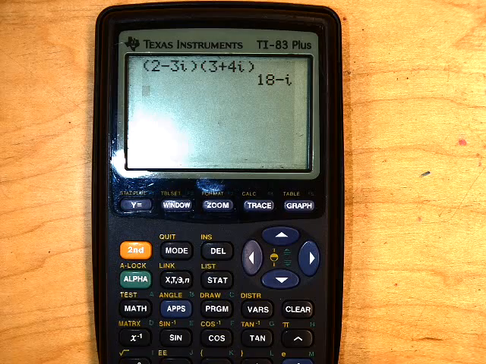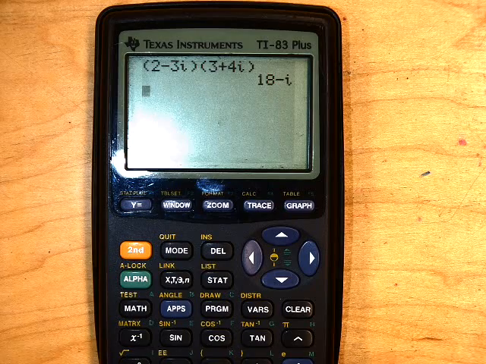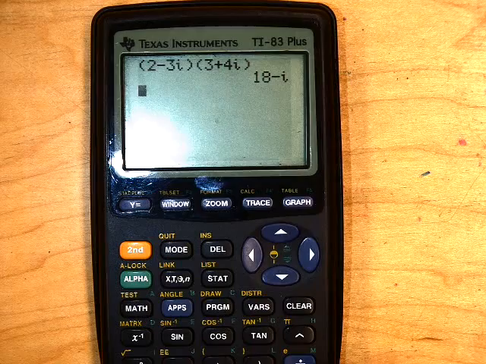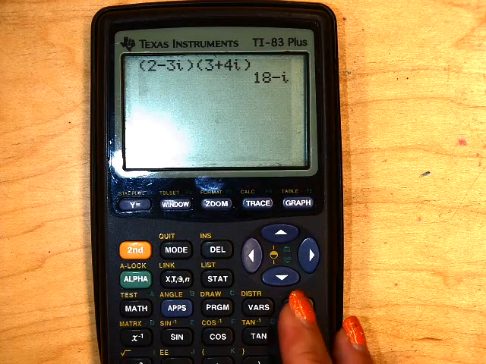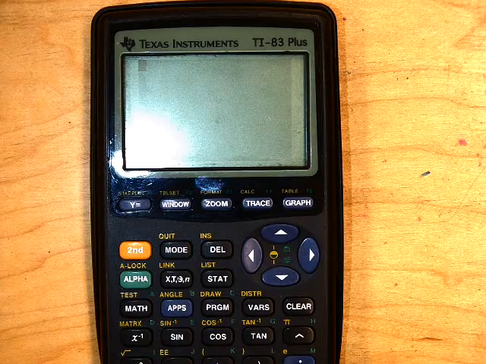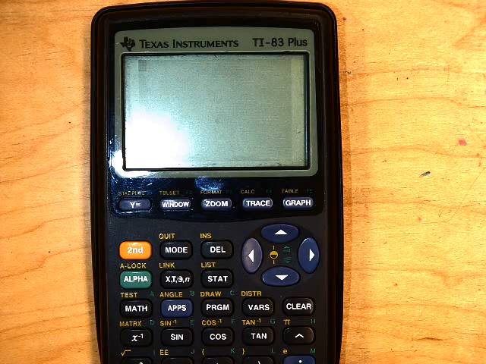And we have 18 minus i. And if you will notice on your example 5 part A, that is the solution that we got, 18 minus i.